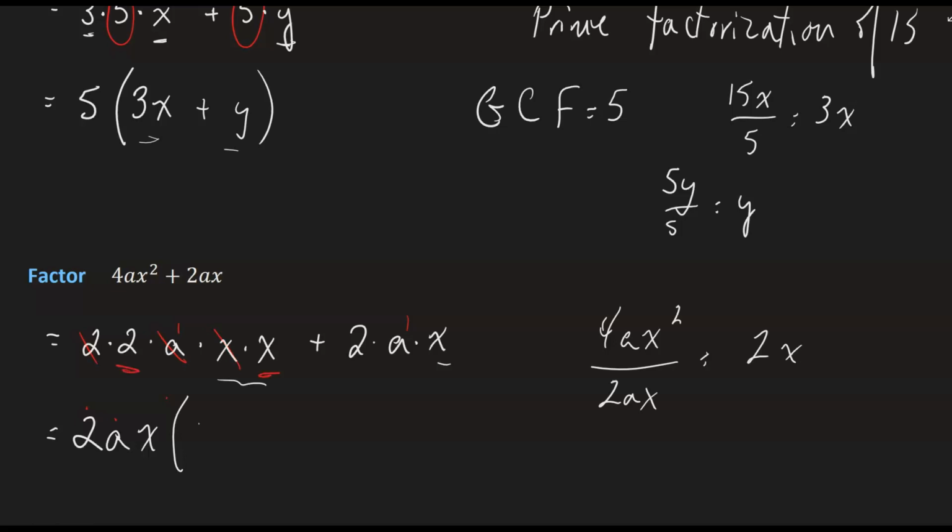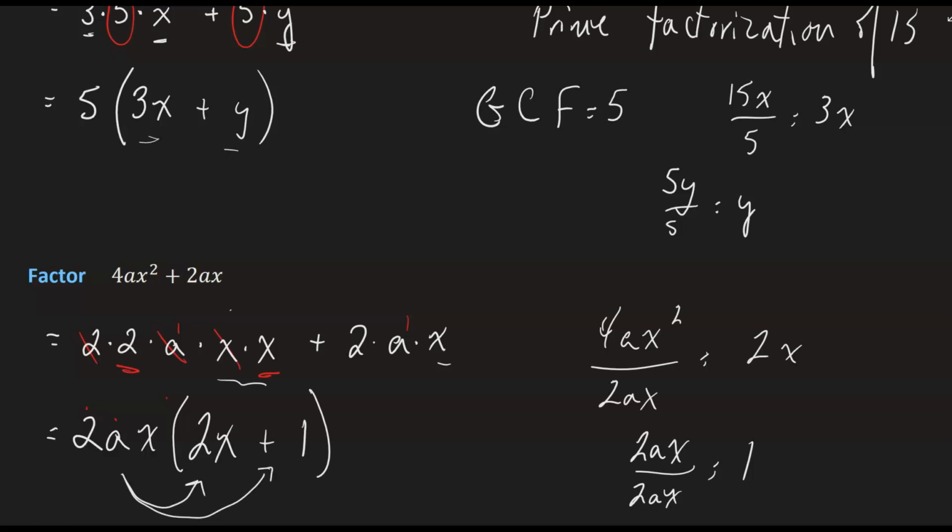And 2ax divided by 2ax, what's that? That's equal to 1. Remember that it's not a 0, it's a 1. If you ever wonder, just multiply back and make sure that you get the same terms as you have in your original.